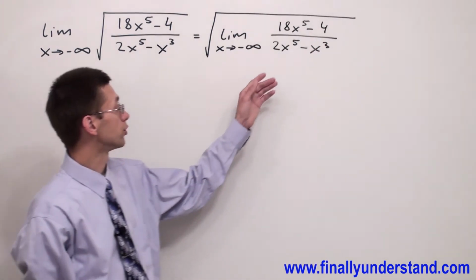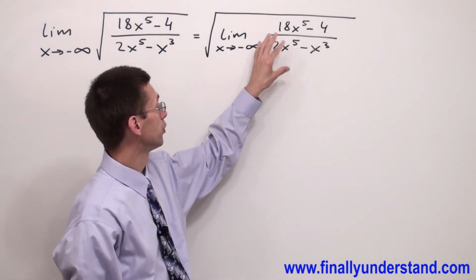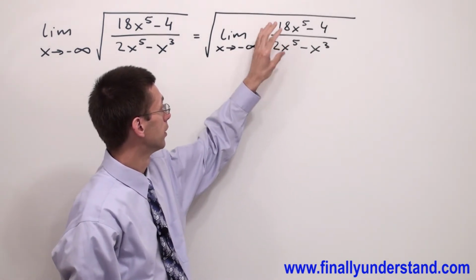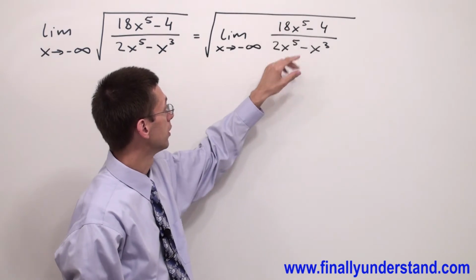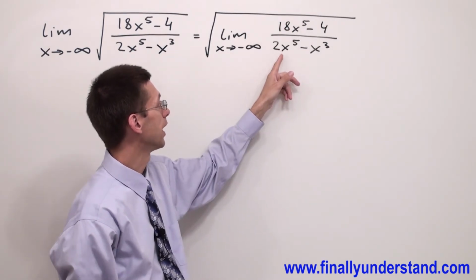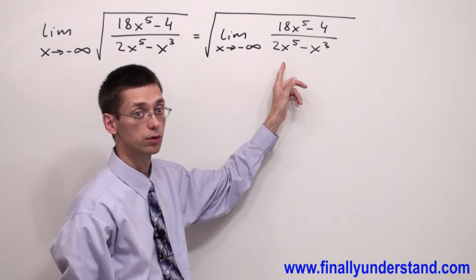Next, we're supposed to divide every single term in the fraction by the variable with the highest exponent in the denominator.